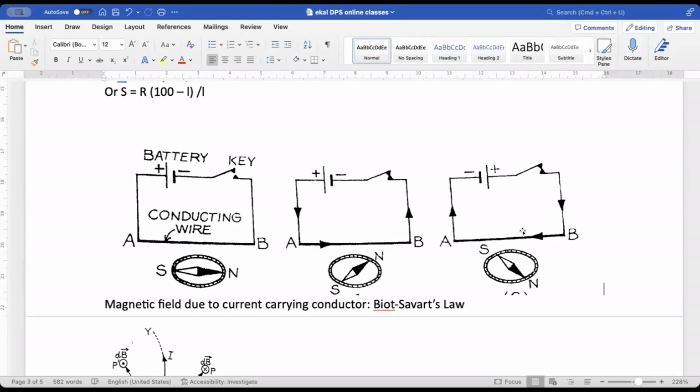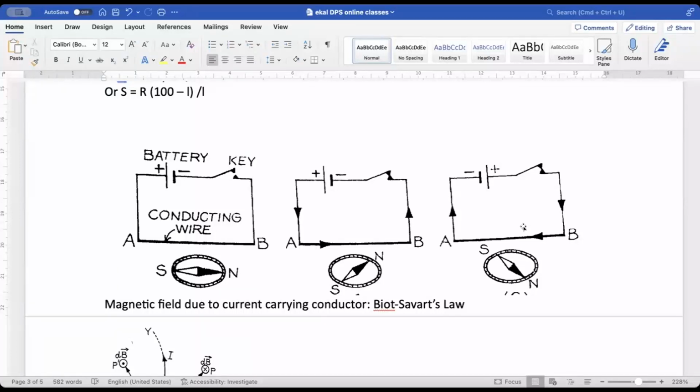The needle is deflected in the opposite direction. So the deflection of this needle indicates that with the passage of current in the wire, a magnetic field is established around it. And when we increase the current in the wire, or when we bring the needle closer to the wire, the deflection of the needle increases.